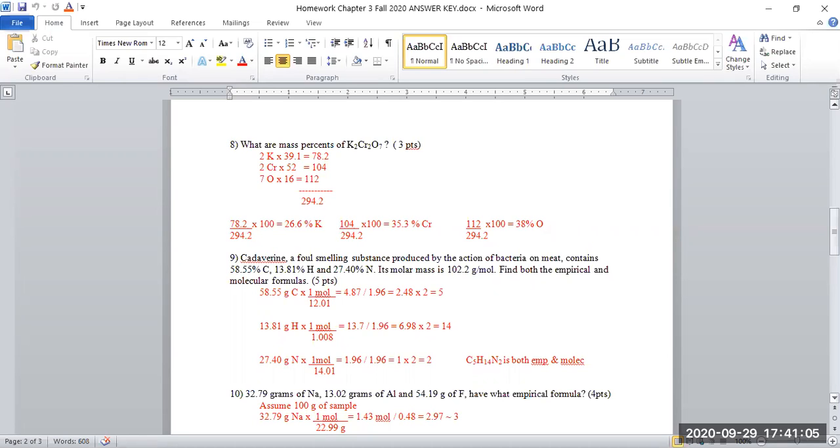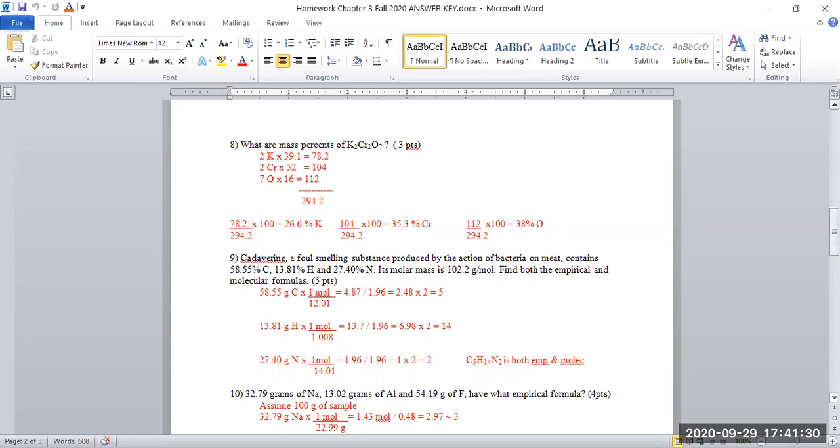You don't get all whole numbers out of this, because if you look at the carbon, the 4.87 divided by the 1.96 gives you basically 2.5. We talked about this. This is not a just-round-it moment. You must multiply by 2 in order to get actual whole numbers.